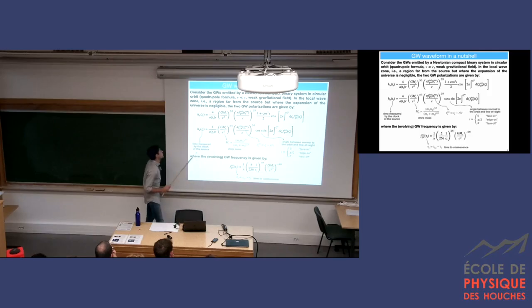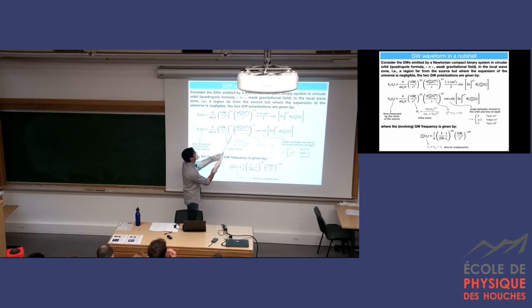Here I'm expressing the polarizations in terms of a time which is measured by the clock of the source, so in the source frame. There is a quantity here called M_c, which is the chirp mass. It's a very important parameter, because it's the first parameter that we can constrain already at very low order, and it's given by a combination of the two masses in the binary system.